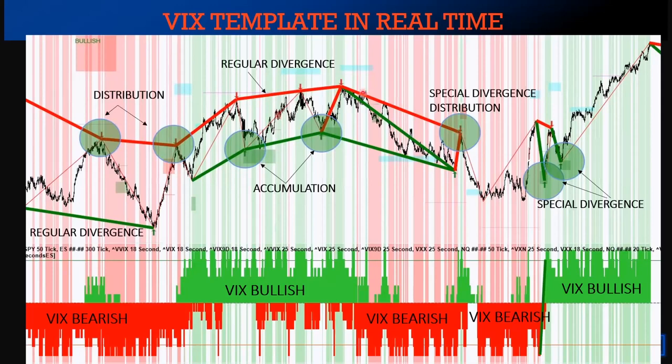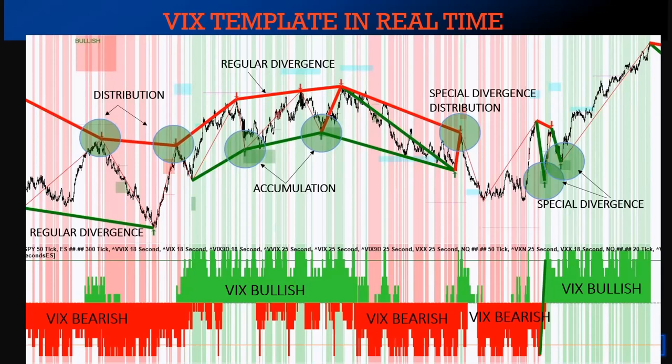There's also a third type of divergence, which is called accumulation and distribution. So here we see accumulation on these two trades, and here we see a distribution right here. When the VIX goes back green, we see special divergence getting us long in each of those.